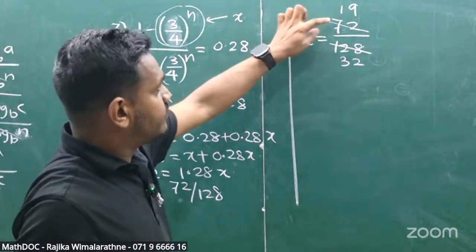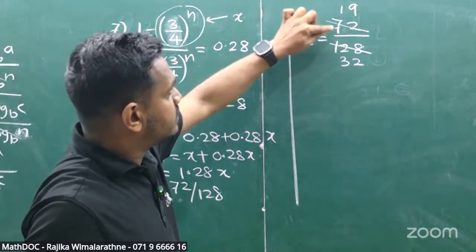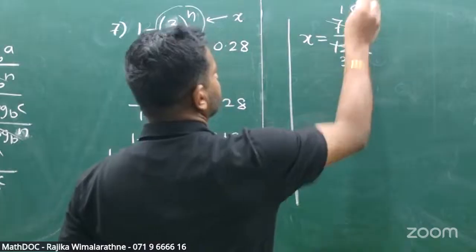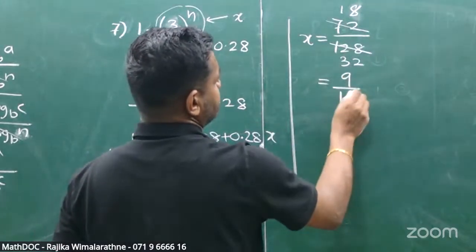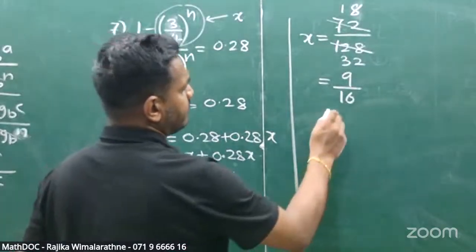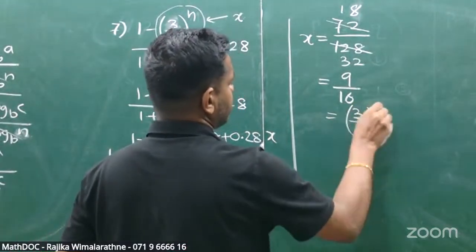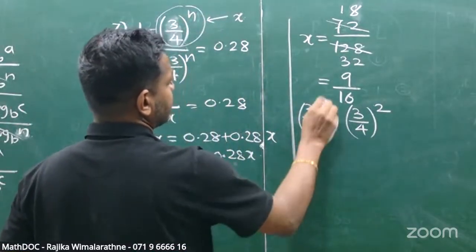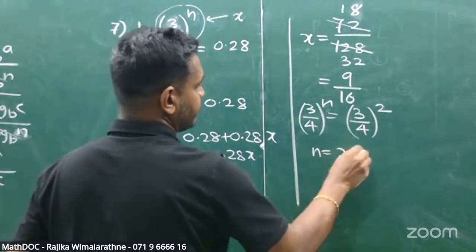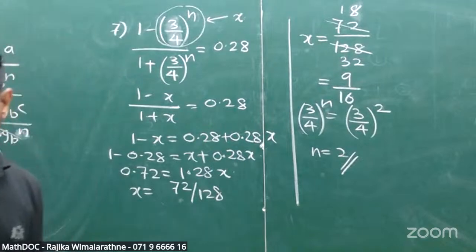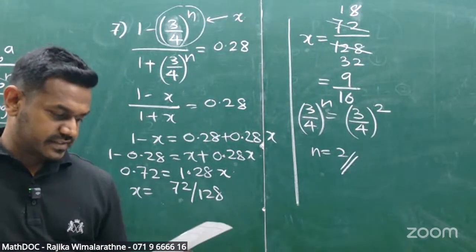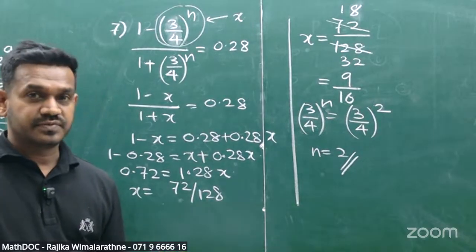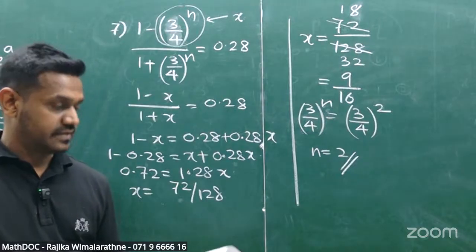Then this is divisible by 2 again, 9 over 16. 9 over 16 is 3 over 4 squared. Then x is 3 over 4 to the power n. Then equate indices, n equal to 2. These questions are simple, but you have to think about some small simplification things.